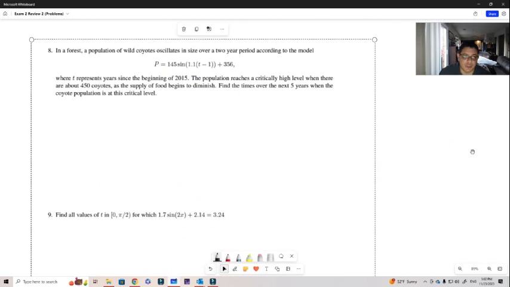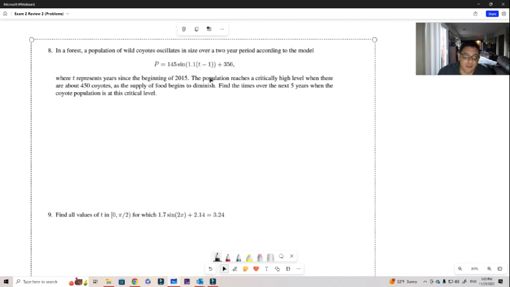Now, question 8. In a forest, the population of wild coyotes oscillates in size over a 2-year period according to this model. This model is a sinusoidal function, and we can obtain a bunch of things from it.